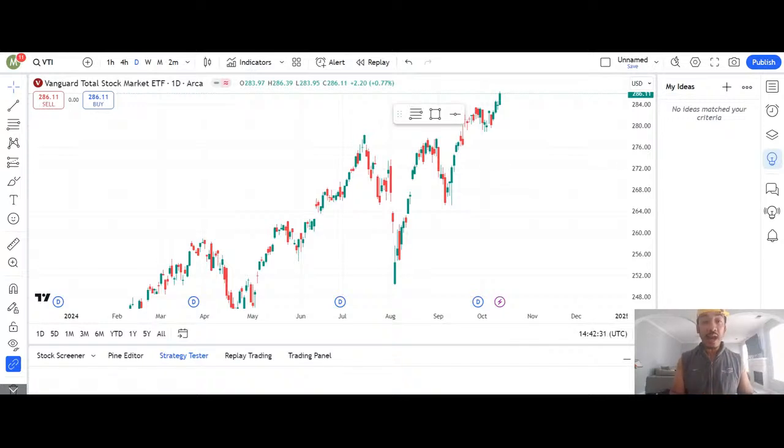So it's making higher highs. It's going up. But now we're going to use indicators to identify how high is it? Does it have more room to go? And all of that. So right now we're looking at the daily time frame. The daily time frame gives you the best outlook on what you can expect the stock to do for the next day or next 2 days.